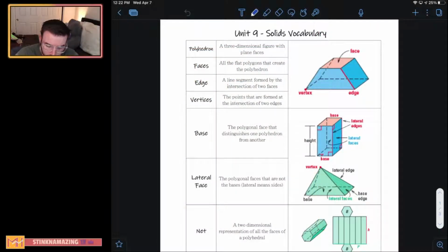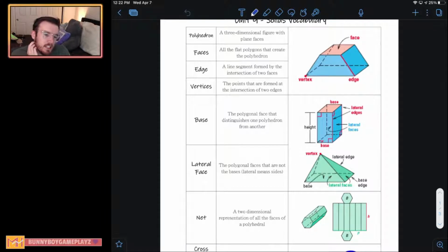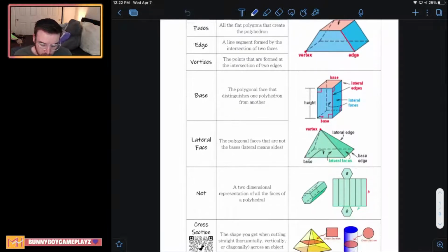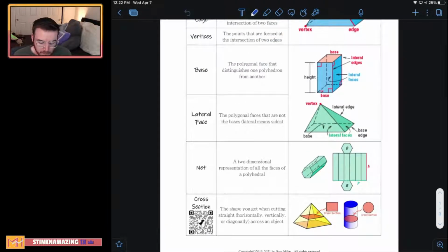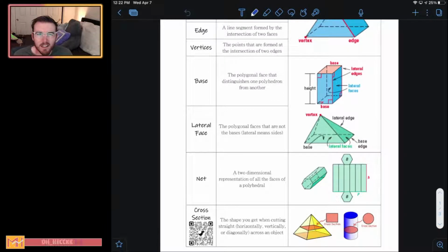We are looking at Unit 9, and we are dealing with solids, three-dimensional shapes: prisms, pyramids, cones, spheres, all these 3D things. The gist of today's lesson is vocabulary. Because the definitions are already written for you here in the notes, I don't see much point in dwelling on each one individually when you can just read it yourself.